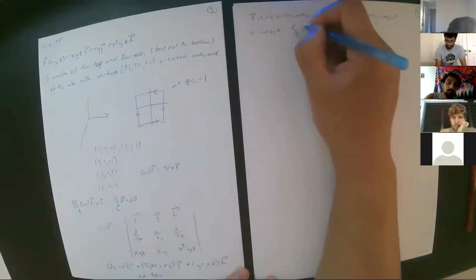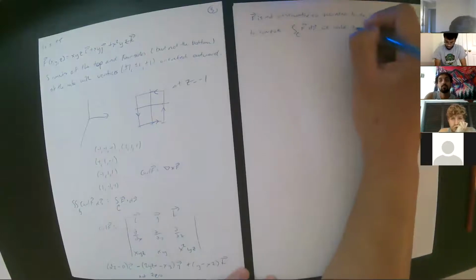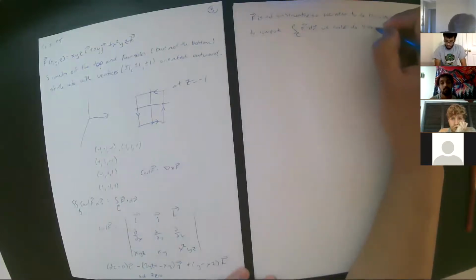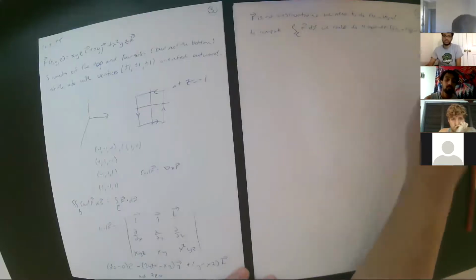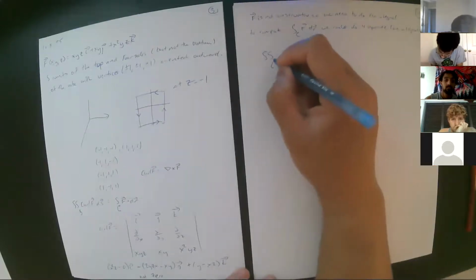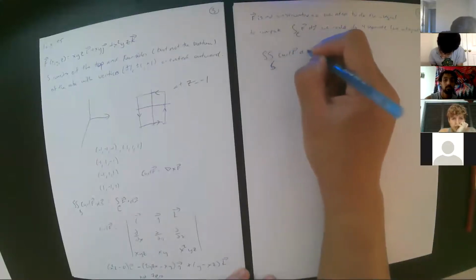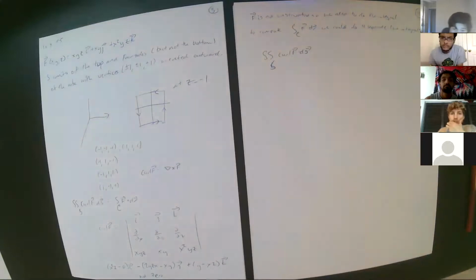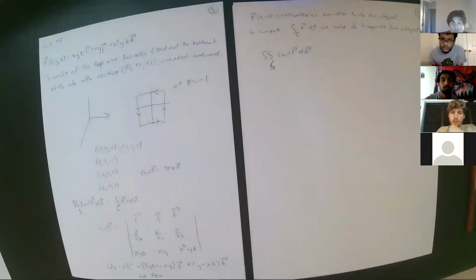We could do 4 separate line integrals, or we could just compute this surface integral, right? We already computed the curl, so it may not be so difficult, right?